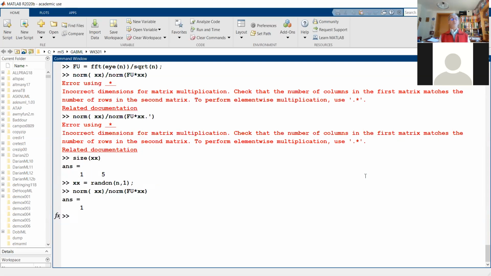This is the norm preserving version of the Fourier transform. But what I wanted to show you is that this matrix is really a unitary matrix. So that's the kind of secret of discrete Fourier analysis, and also the starting point for Fourier series theory.